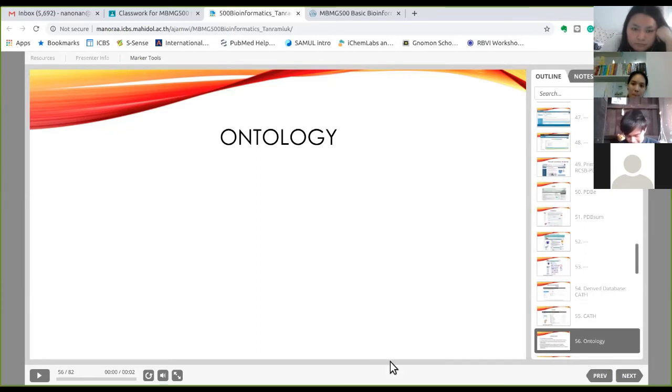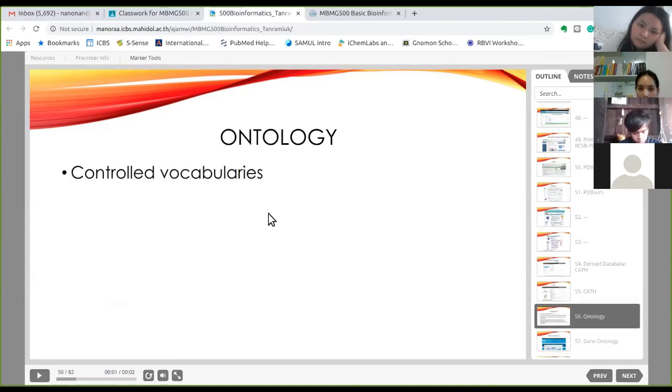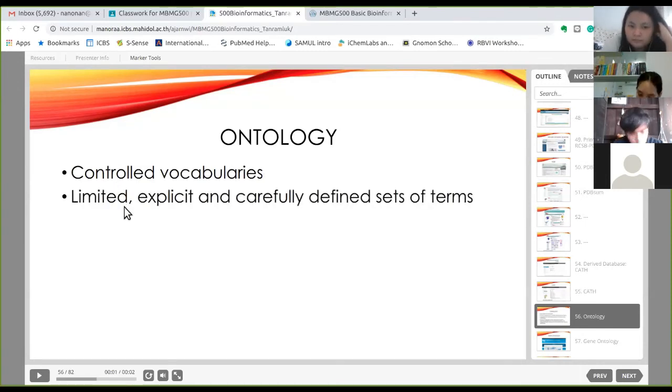This one is tough. So the concept is called ontology. Ontology makes you hop around various databases, as it acts as a dictionary of terms that are represented as numbers. Ontology basically means controlled vocabulary.